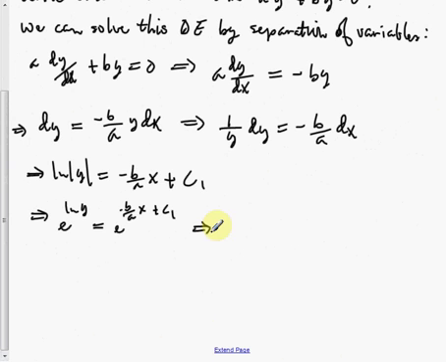And this gives us y is equal to some constant c times e to the negative b over a times x.